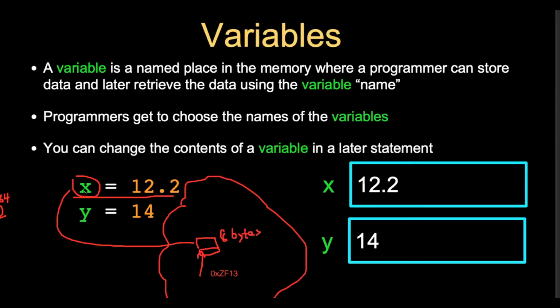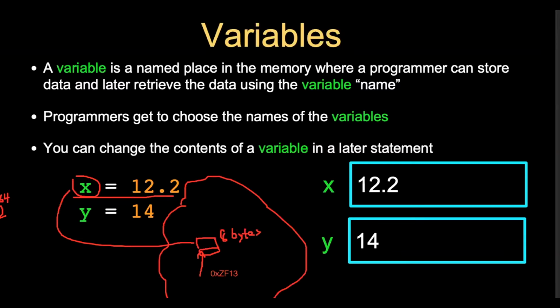When x equals 12.2 actually happens, first of all, your program is going to look at what x is. Well, x is a float, because the right-hand side decides the type of this data type. Float is 8 bytes. So your computer goes looking for a consecutive chunk of memory that is good for 8 bytes.